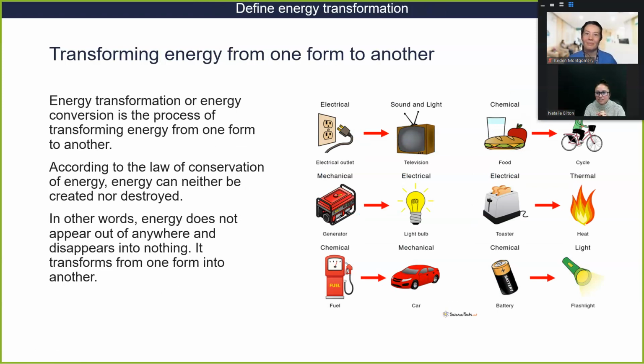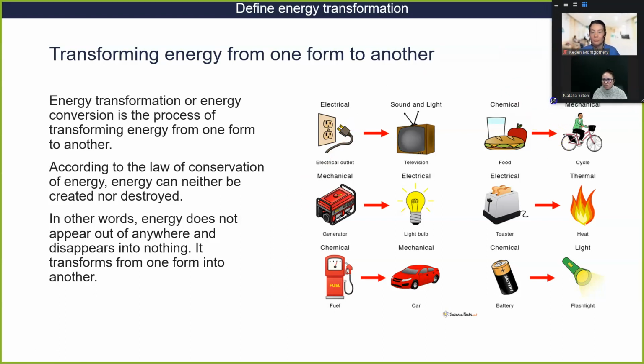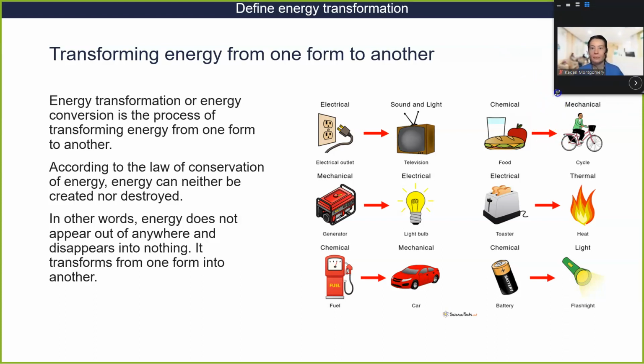There are different things in our lives that convert energy. For example, your toaster converts electrical energy into heat, and that's how you toast your toast.